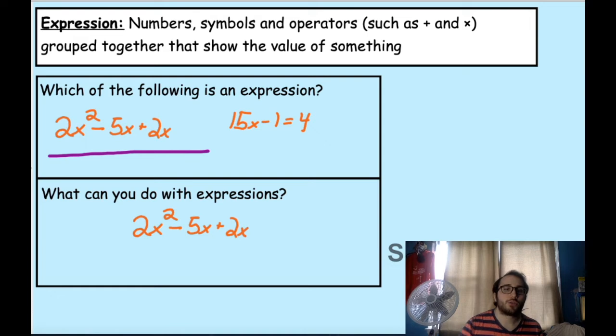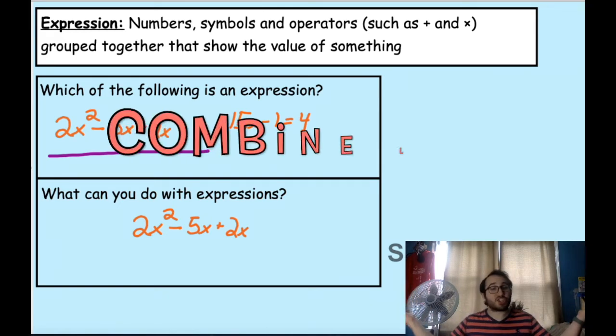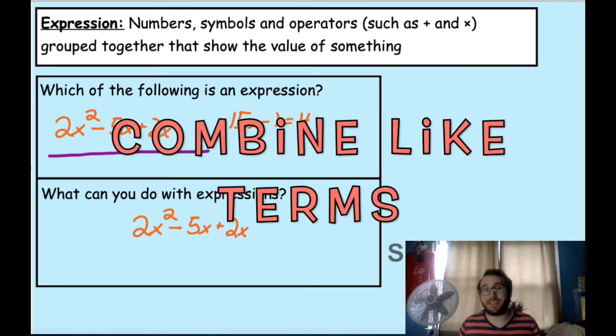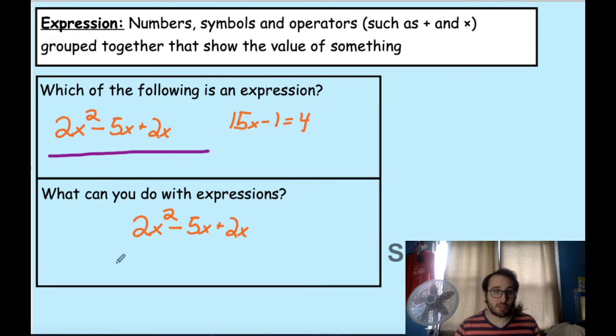All right, so what can you do with expressions? If I were to give you this expression, could you do anything with it? Hopefully you said like terms, right? You can combine like terms. Like terms are terms that have the same variable so that you can combine them.